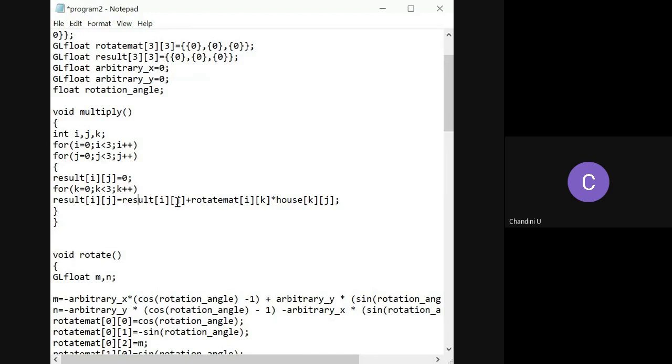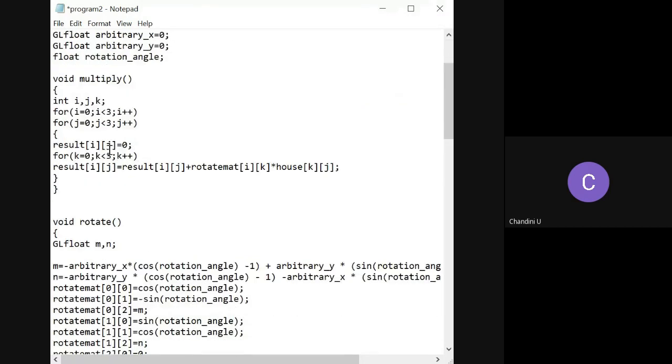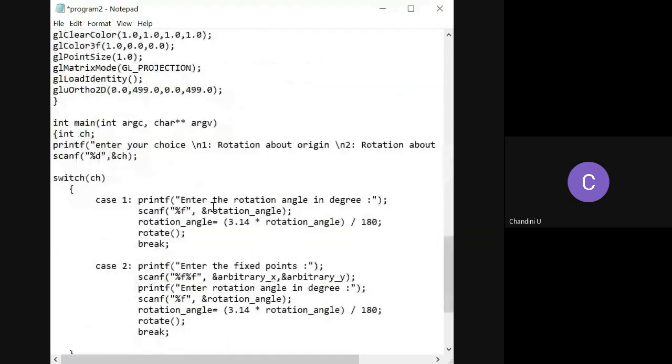Result of ij plus rotation matrix into house of kj. I have given my matrix name as house. You can give anything, be it triangle or original object. So multiply the original object with the rotation matrix in a for loop. This multiplication result will yield the rotated object matrix. Correct? Now, where are we?